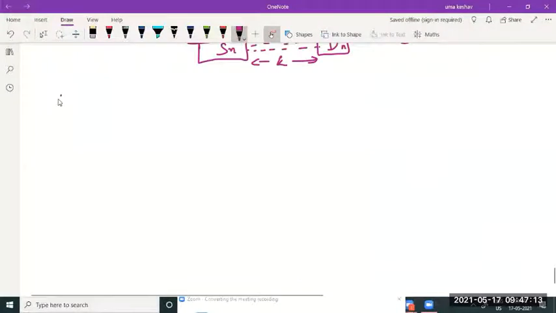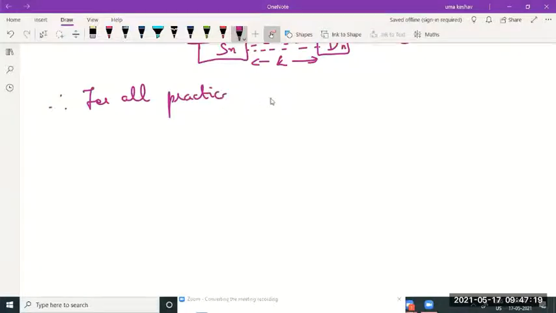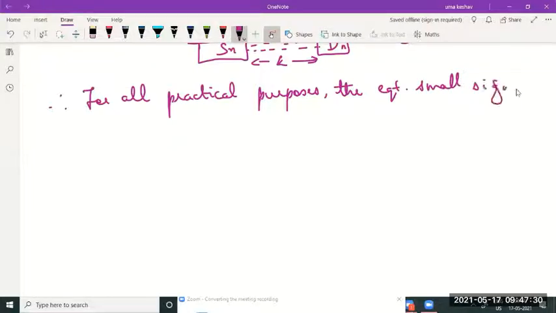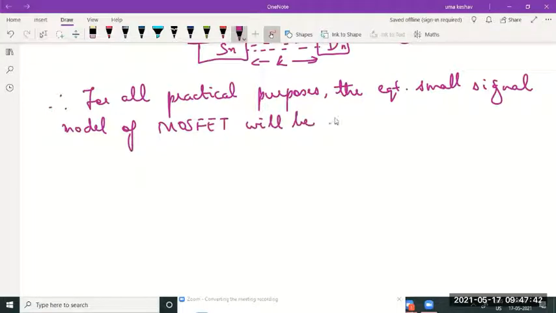You say, therefore, for all practical purposes, the equivalent small signal model of MOSFET will be represented as follows.